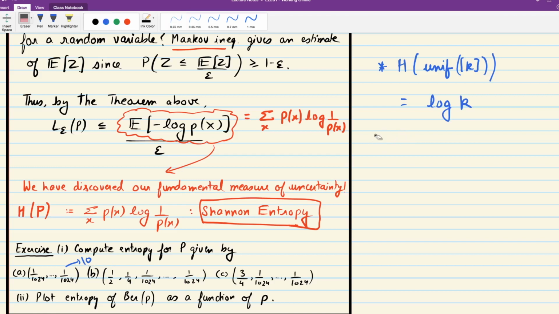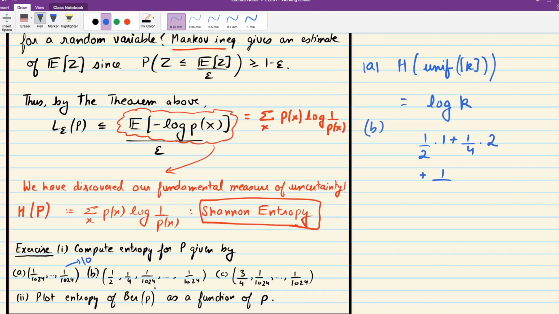This is A. This is B. With probability half, it's log to the base 2 of 1 by half, which is 2, so that's 1. Probability 1/4, it's 2. Plus, what is the remaining probability? All the remaining symbols have probability 1/1024. How many are remaining?